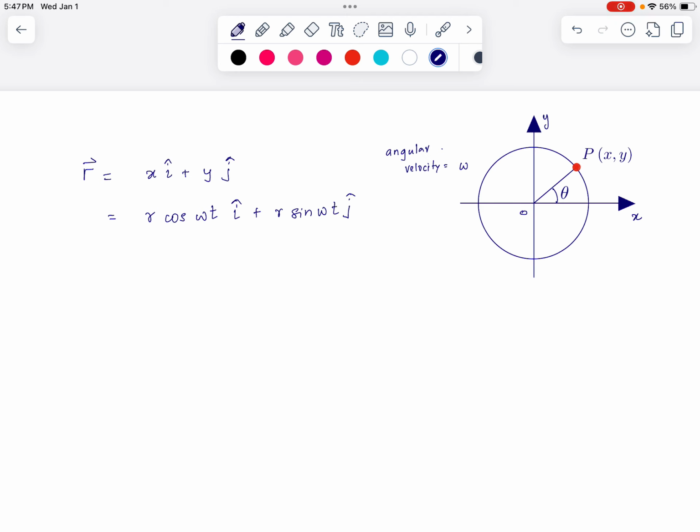So we are assuming that the particle is moving in a circle of radius r, and its angular velocity is given to be omega.